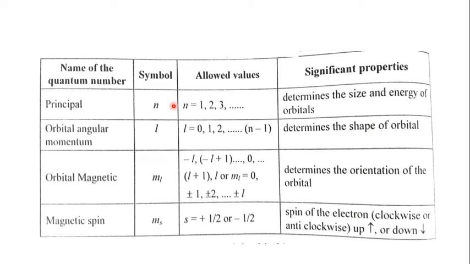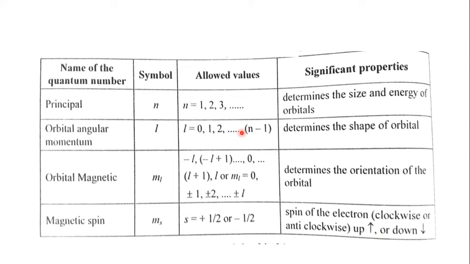Next, orbital angular momentum, denoted by L. L has a value from 0, 1, 2 up to n minus 1. What does the orbital angular momentum quantum number signify? It determines the shape of the orbital.